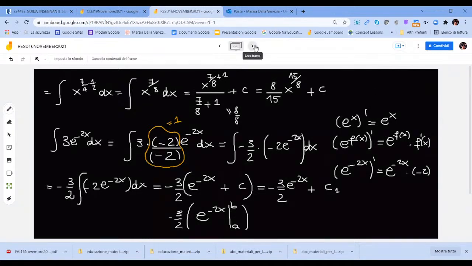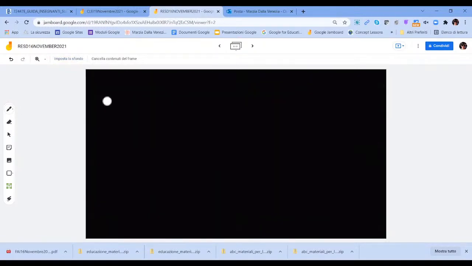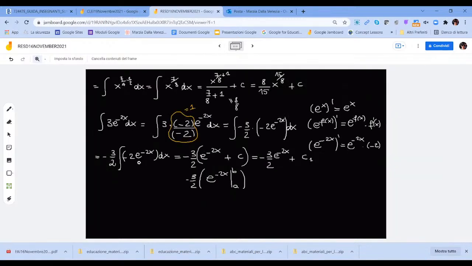Okay, so let's go further. Why I wanted to write this type of integral, because you could have something that you should integrate, and it is important to know that the primitive function of the exponential is not always okay. I forgot to rewrite.